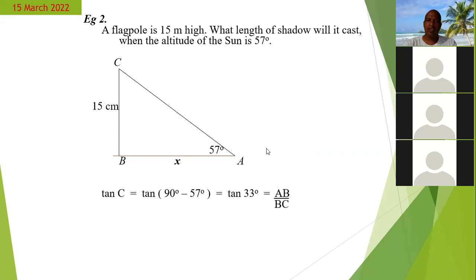All right, so walking through the question once more, guys. We're looking at the angle. We could take the angle C as well. If we are working with angle C, we would subtract 57 degrees from 90, because we know that angle C plus angle A would give you 90. So we know angle A is 57. We subtract that from 90, we get 33. So we could work with that angle at C as well.